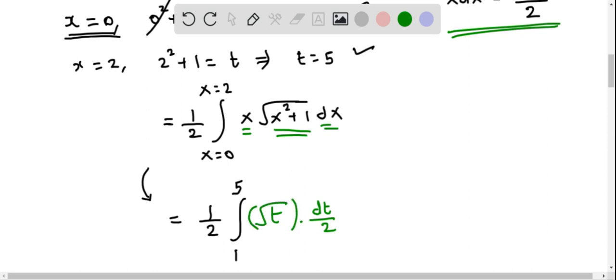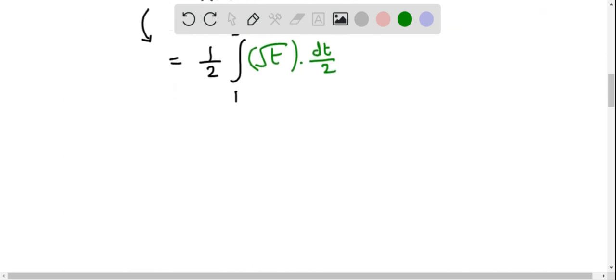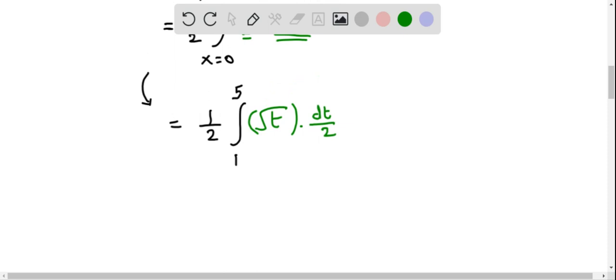Now we have converted everything from the x variable to the t variable. So we just have to focus on this integral. Let me multiply the numbers. 2 times 2 is 4, so it becomes 1/4. So basically we have to integrate from 1 to 5 root t.